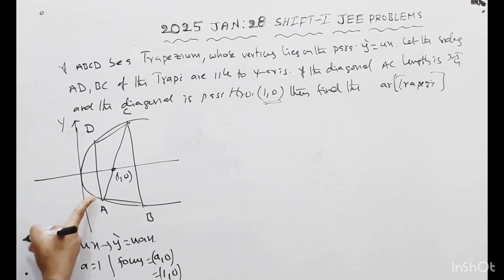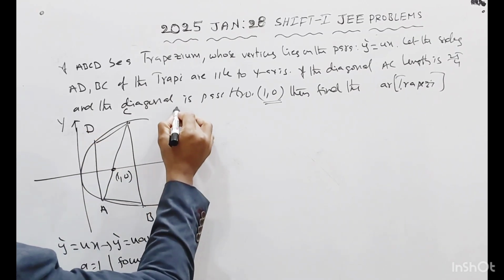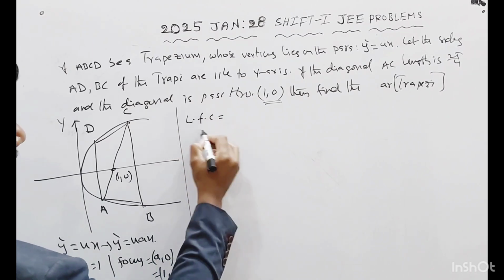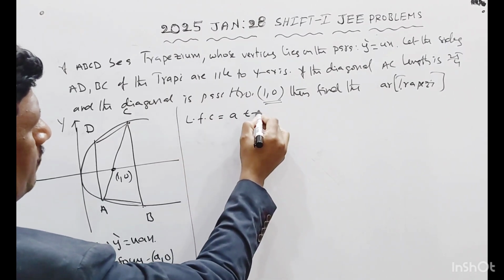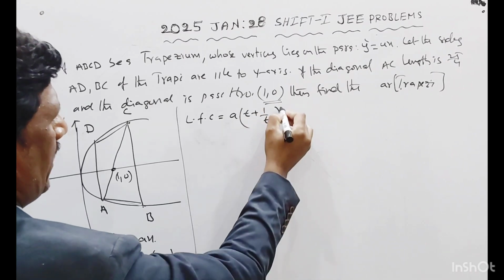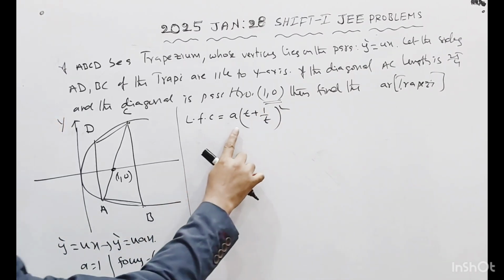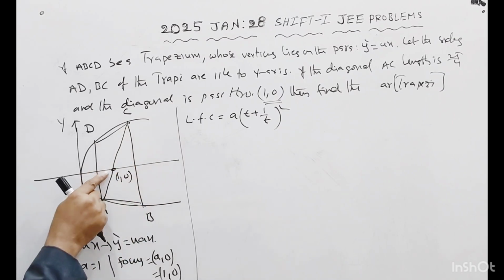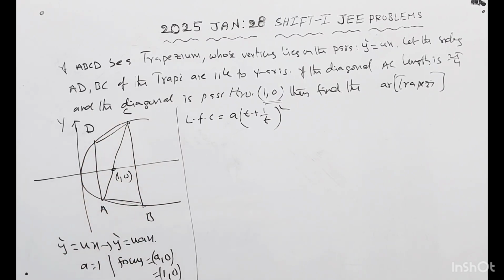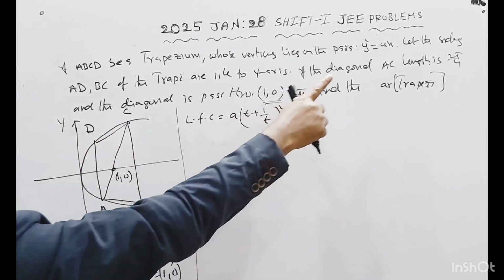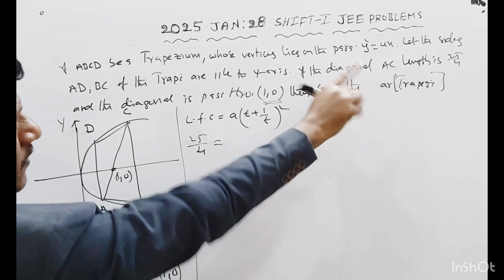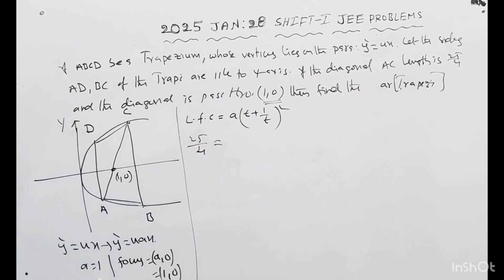So we know the focal chord length formula. Length of focal chord formula is a into (t plus 1/t) whole square. This is the formula for the length of the focal chord. Any chord passing through the focus is called a focal chord. The focal chord length given in the problem is 25/4, and the value of a we already got as 1.